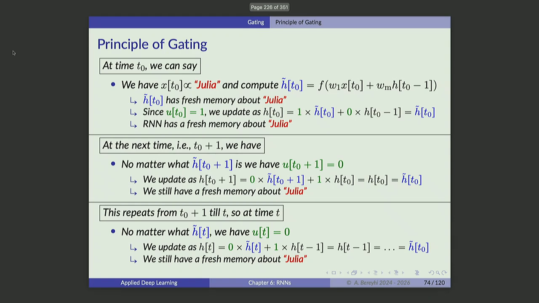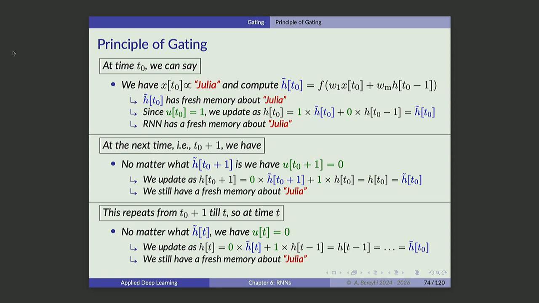Now, if I get to the point t, or t plus 1, where I want to predict the next word, I am going to use the memory that I have at time t, and that memory at time t has been copied all the way back to the Julia word.